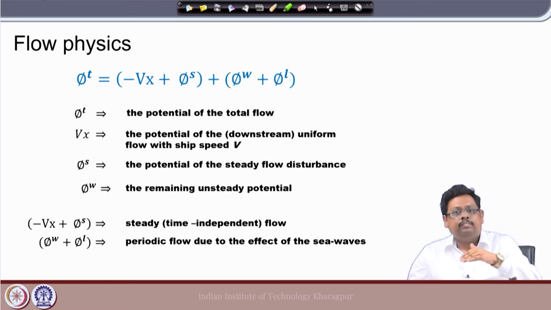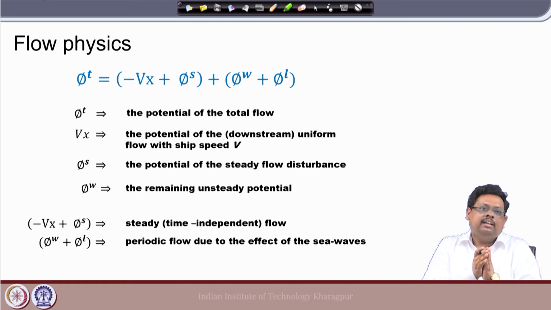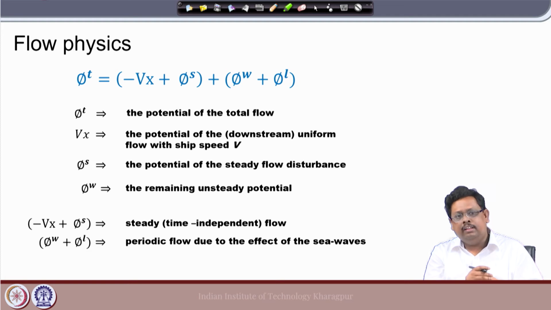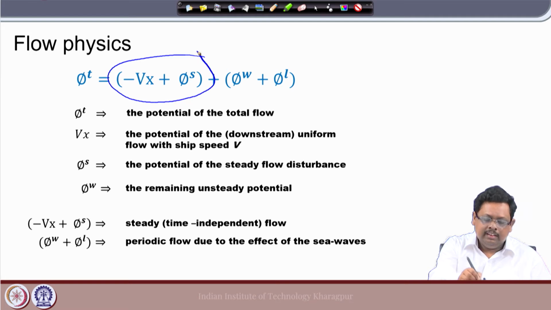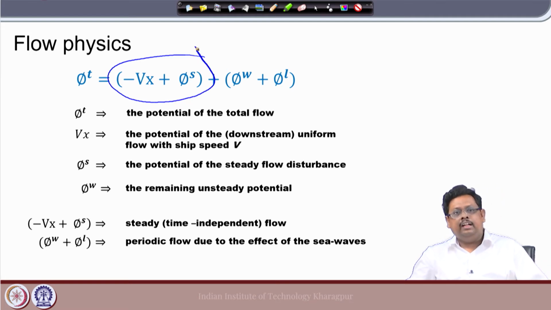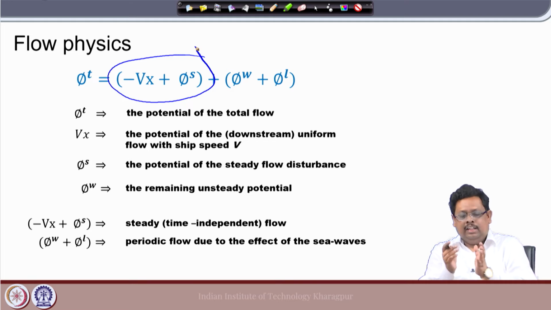Because of this forward speed, the flow physics is now not the same as for the floating body. The change is the inclusion of this term. You can see that this term is absent when you do not have the forward speed.